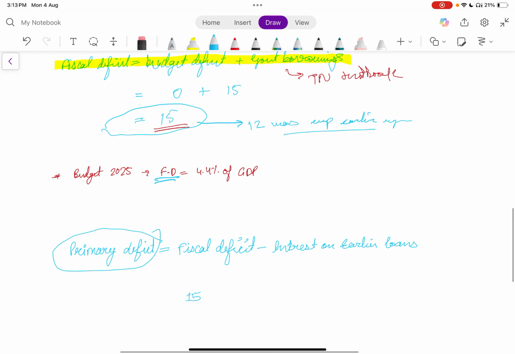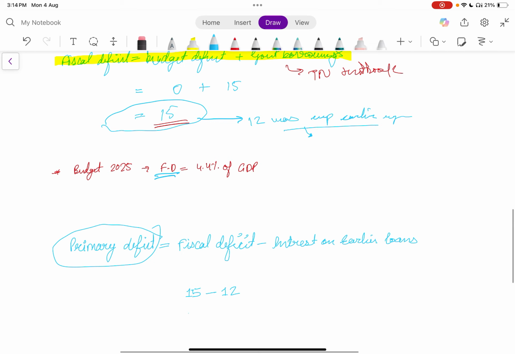And these were the loans taken by the earlier governments, and we have to pay them back. It's the part which was not added during their regime, but during their previous regime. So they'll say we'll minus it. Out of 15, it was 12. So we'll minus it, and then we'll say that our deficit is just 3.